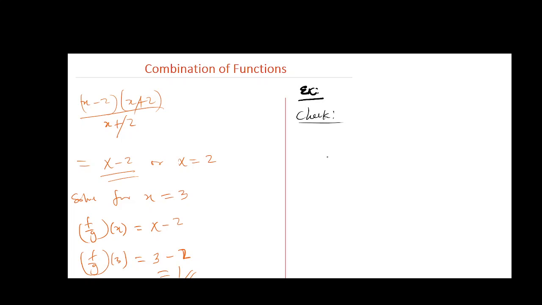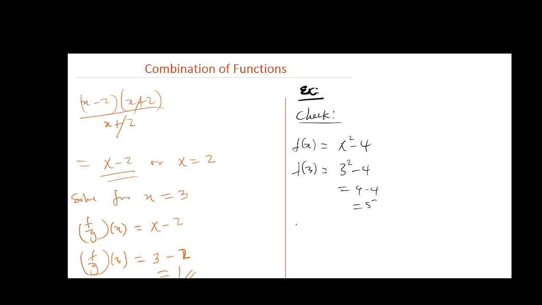We have that our f of x is x squared minus 4. If we replace the value of 3, our f of 3 will give us 3 squared minus 4, and 3 squared is 9, 9 minus 4 will give us 5.